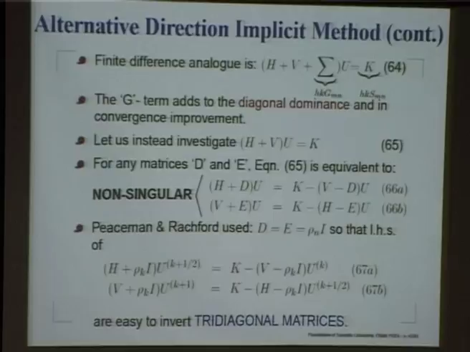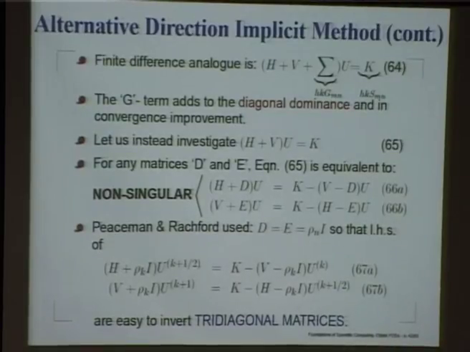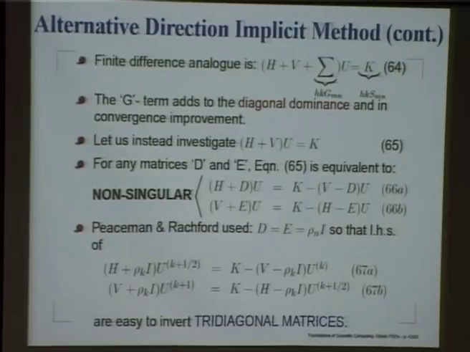In the first half step, I add a d u term on both sides. Then what happens? On the left hand side, I have h plus d into u, and the right hand side k was of course there, v u has been put on the right hand side, but since I have added a plus d u, I again add a plus d u here. Note the minus sign together will make it. So, we have simply added the same term on both sides, right.